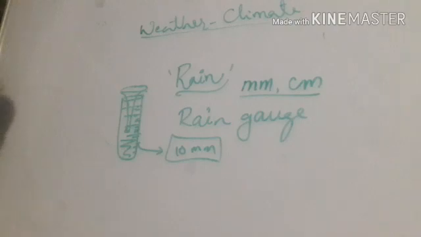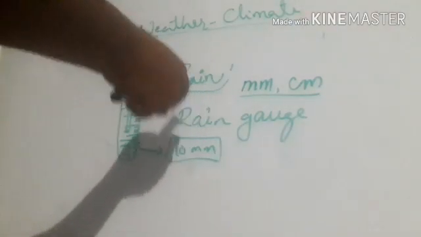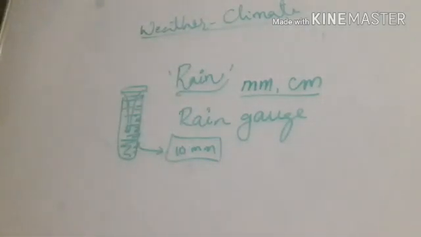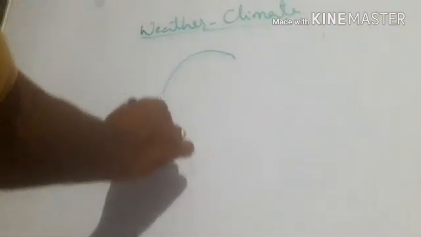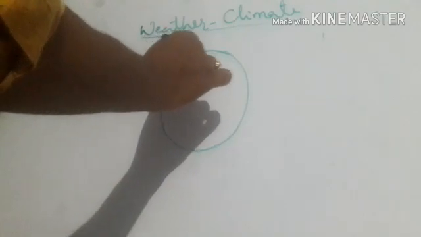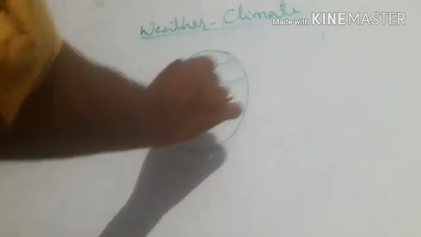So let us see how it will appear in other areas of the earth. Let us imagine, here it is a globe. Here the weather and climate conditions are mainly of three types.